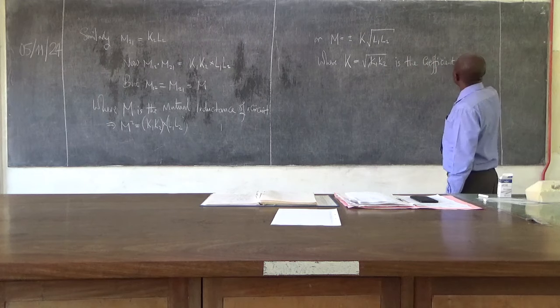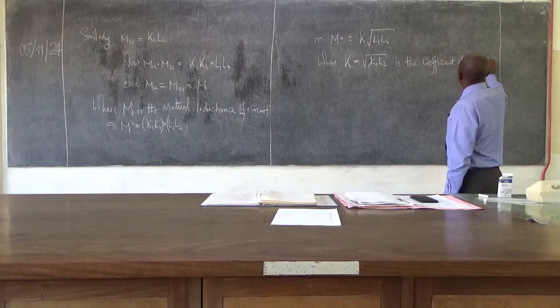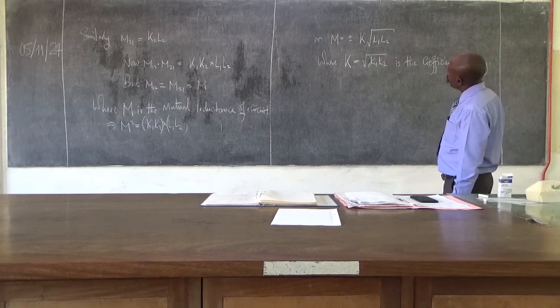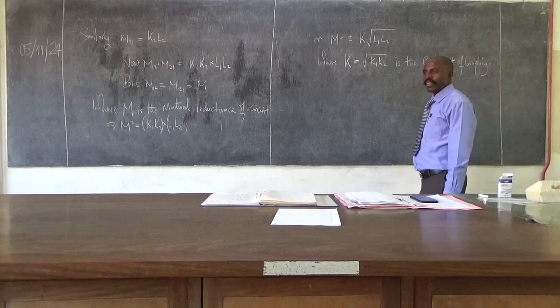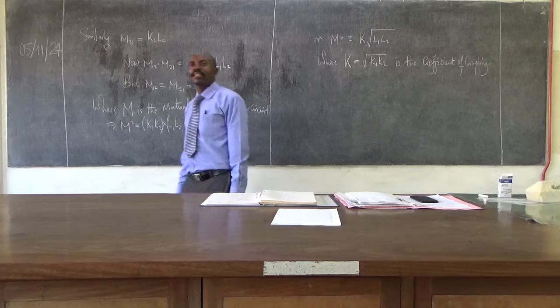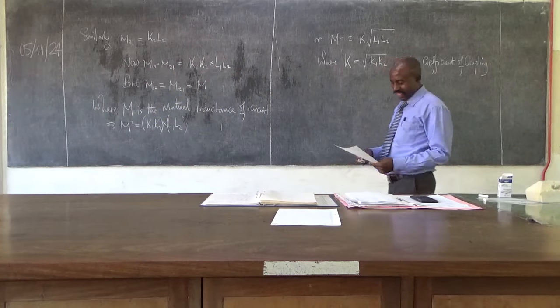If you got no money, you will have no coupling. And it's the square root of the woman's money and your man's money is their money for the whole family.